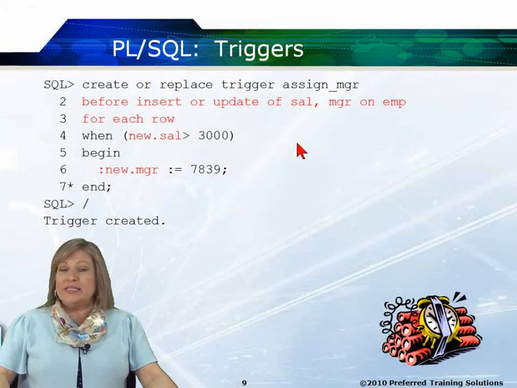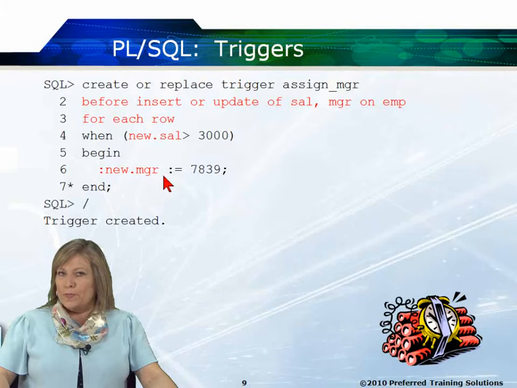And what it's going to do is simply take :new.manager. That's the way we refer to the current row. We basically have new values and old values. New values are valid on inserts and updates, and old values are valid on updates and deletes.